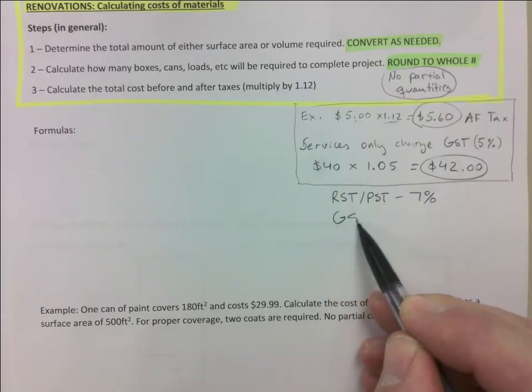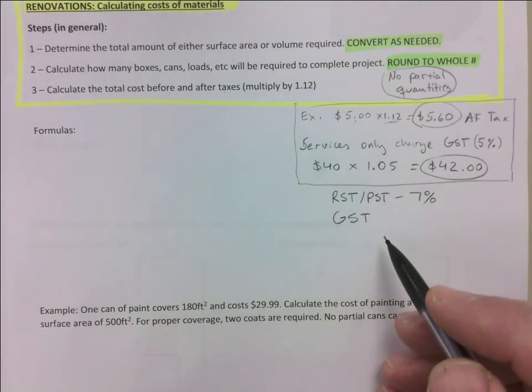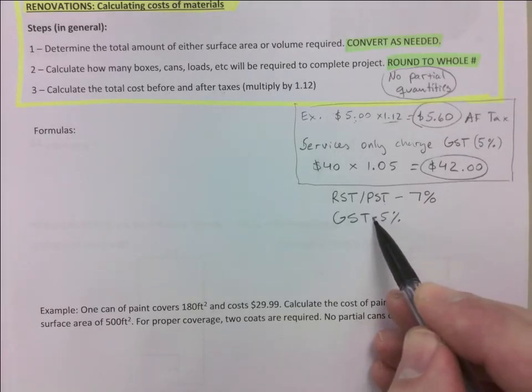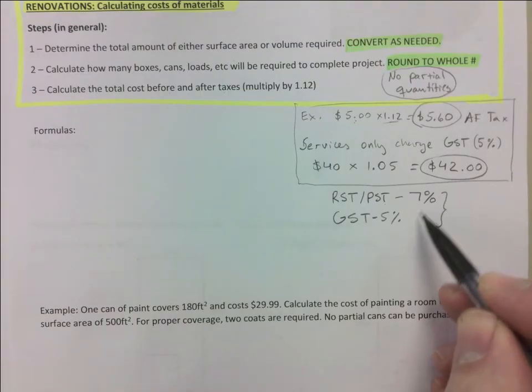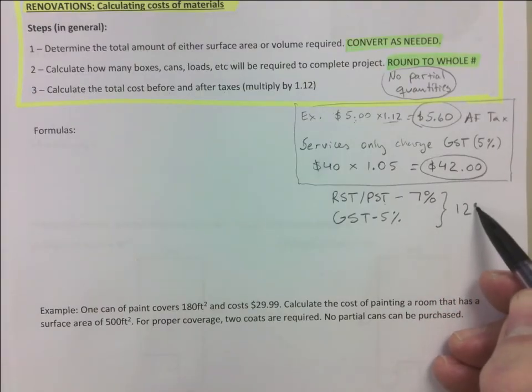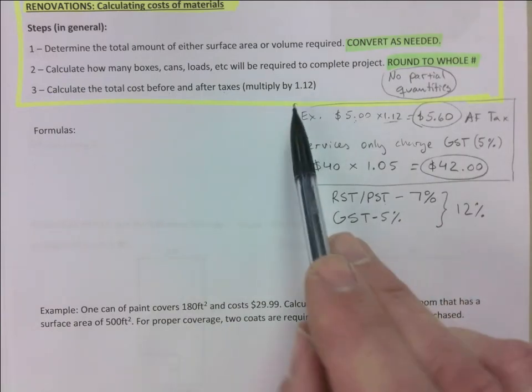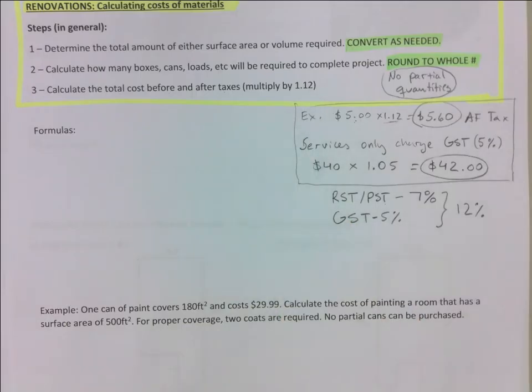And GST is the federal government. Anybody in Canada has to pay this one. That's 5%. So combined, 7 and 5 in Manitoba, most things are taxed at a 12% rate. So that's where I get the 1.12 from, okay?